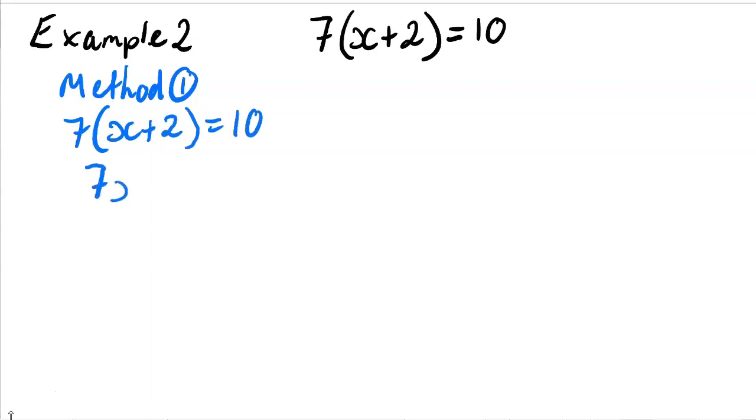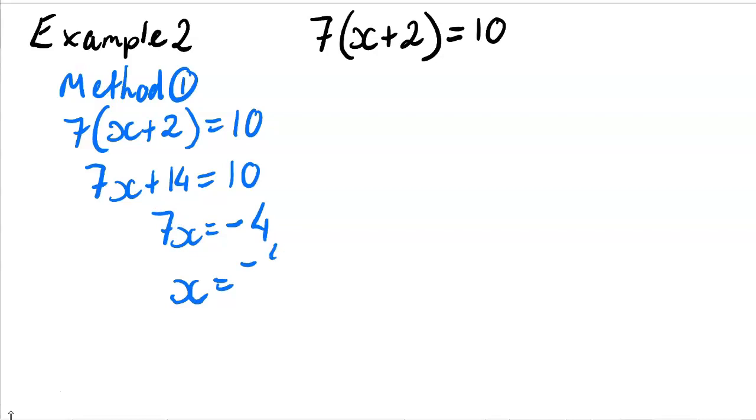So that's 7x plus 14 equals 10. So now I've got to subtract 14 from both sides. So 7x equals 10 minus 14, so that's negative 4. So now I have to divide both sides by 7.